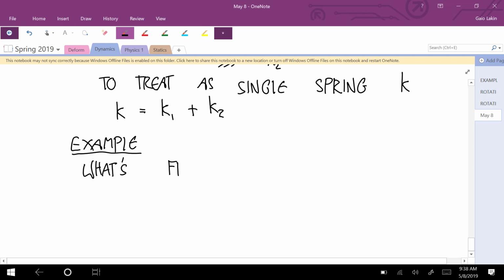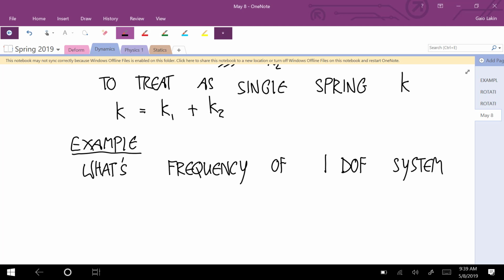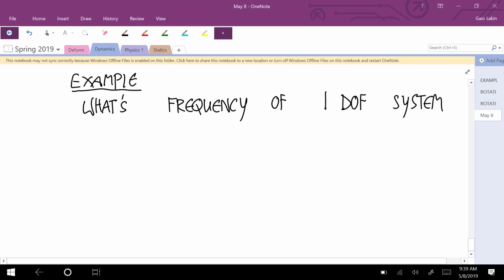what's the frequency of a 1 degree of freedom system? So we're talking about a system that only moves in a line, so we're not worrying about this thing starting to rotate back and forth or anything. Let's say the setup is like this.